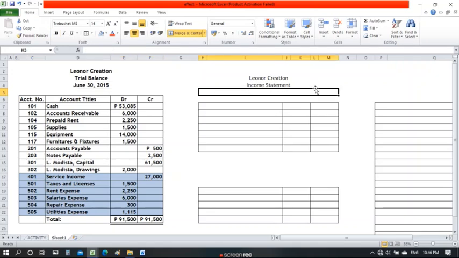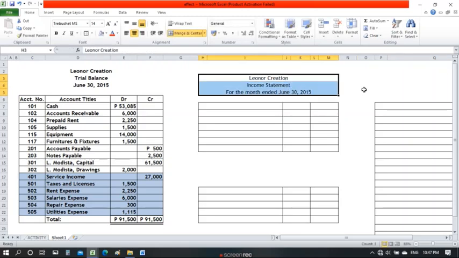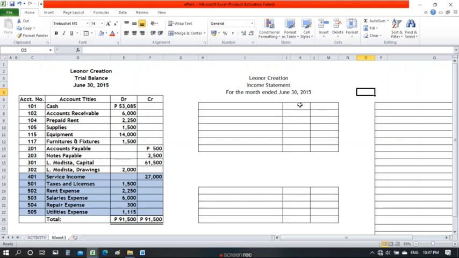In the income statement, the date should start with "for the month ended." It can be "for the quarter ended" or "for the year ended," depending on the accounting period that you are preparing. Since we prepare per month, we use "for the month ended," and then the date, June 30, 2015. Don't forget to prepare the heading because this is very important.